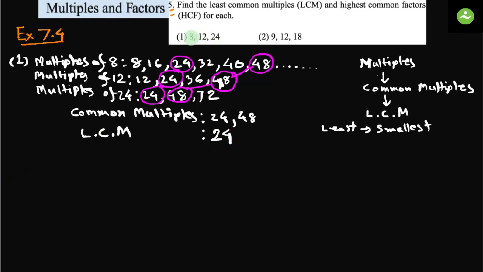Now let's find the highest common factors of these numbers. How to find the highest common factors of these numbers? Method is very simple.